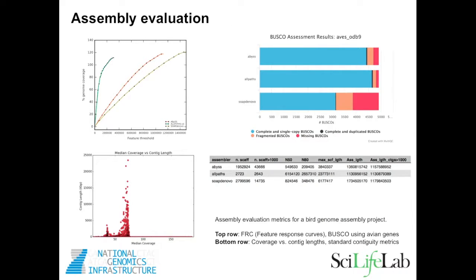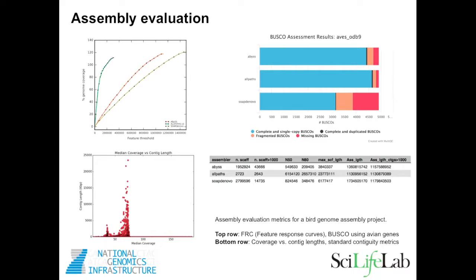And for assembly evaluation, we have the N50 value. It doesn't always tell the full story. So we have several other measures, mostly in the upper left-hand side, we have what we call feature response curves.